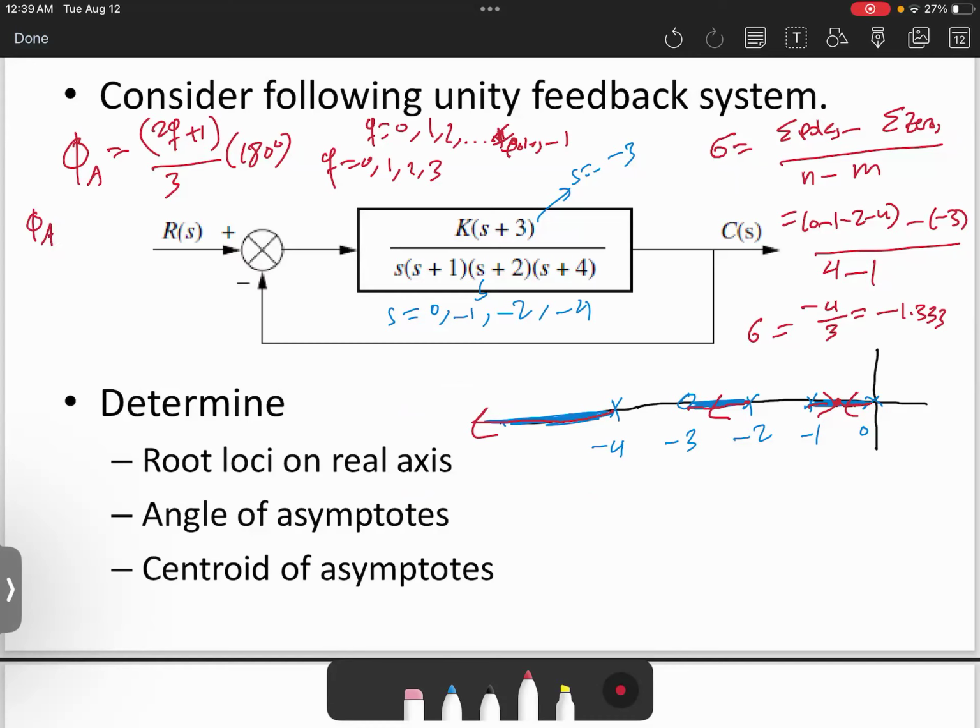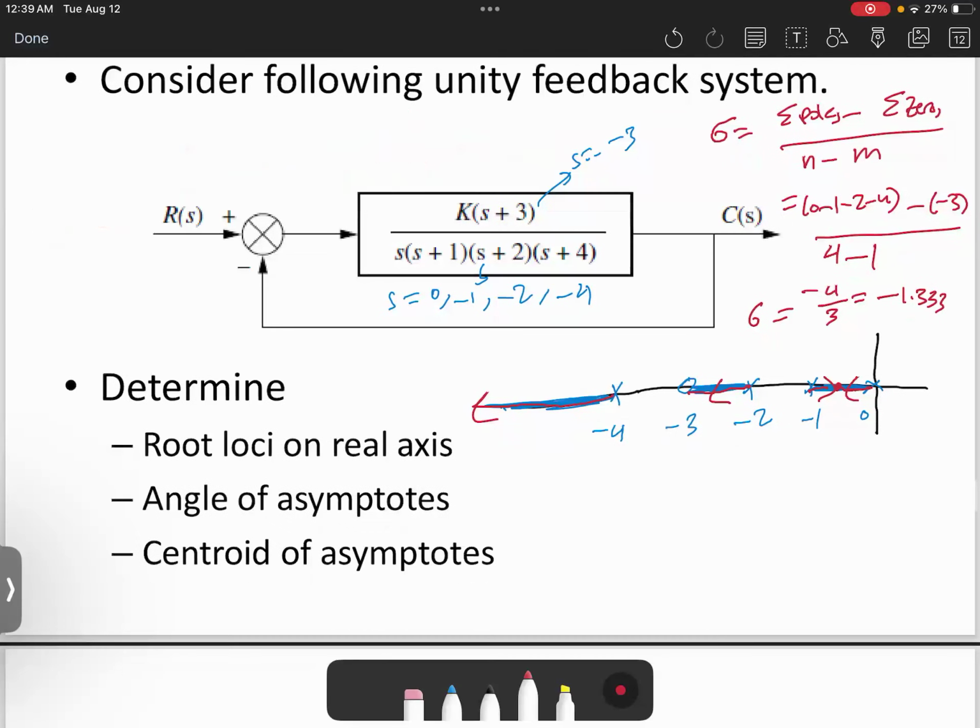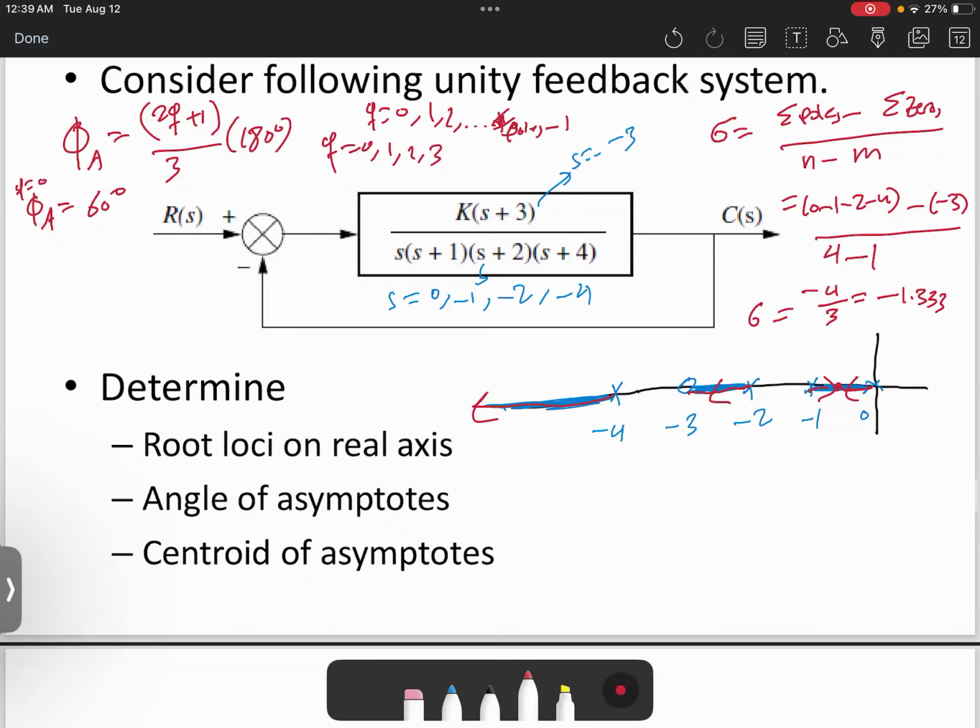This yields phi a as 1 over 3 times 180, which is 60 degrees. When q equals 1, this will be 3 over 3, which is 1, therefore 180 degrees. After that, when q equals 2, the angle is 2 times 2, which is 4, plus 1, 5. 5 divided by 3 times 180 will be 300 degrees.